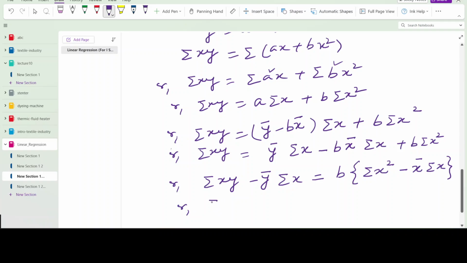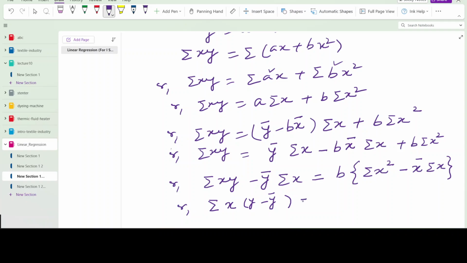We can write this expression in this way. Suppose we write sigma x y minus y bar sigma x. When you open it, you will get first term sigma xy minus sigma x y bar times. Okay, so there is no problem.